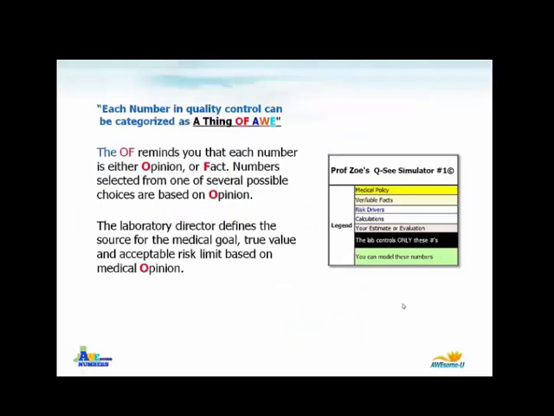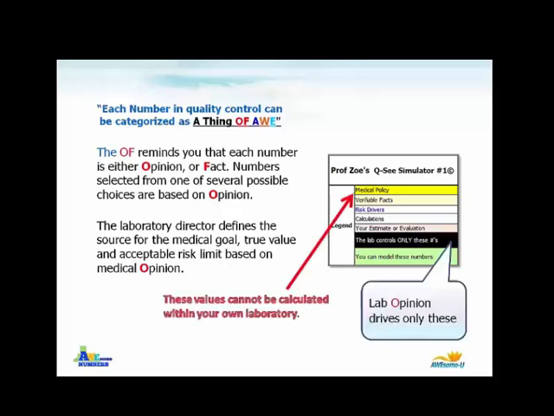Once we go into the simulators, they follow this same principle. A number is a thing of awe. Numbers come from opinion or fact. So if a number is selected from one of several possible choices, that's based on opinion. The lab director defines the source of the medical goal, the true value, and the acceptable risk limit based on medical opinion.